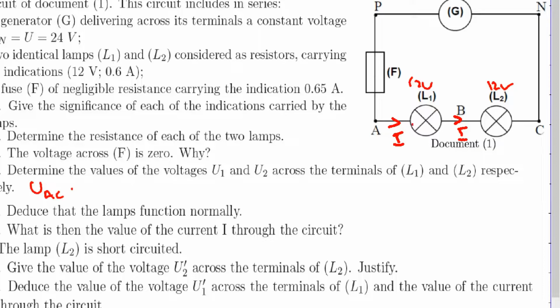Because they are in series, they will be traversed by the same current I. So let's discuss only the current across the lamp L1, and this is a series grouping circuit, so the current is the same.